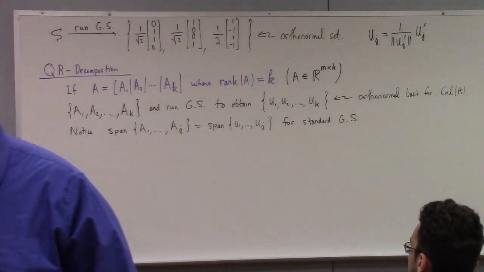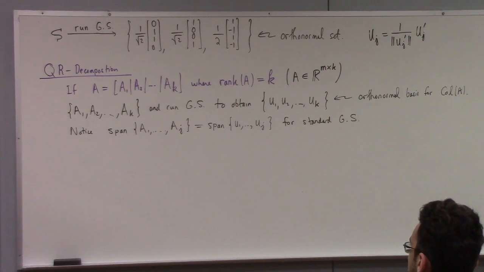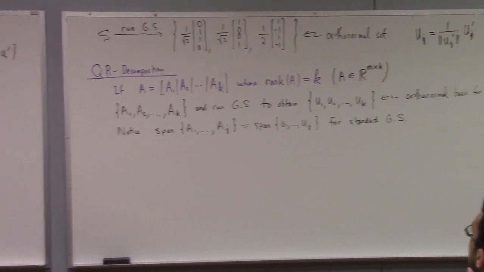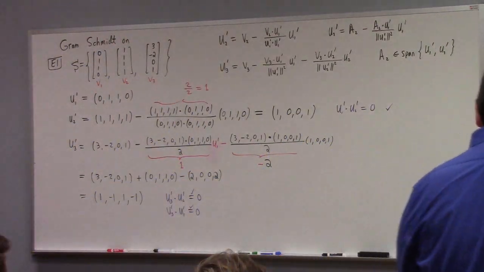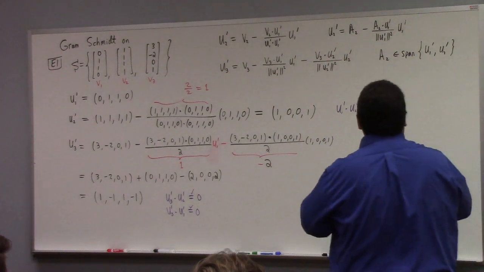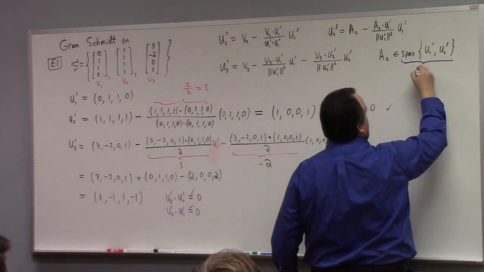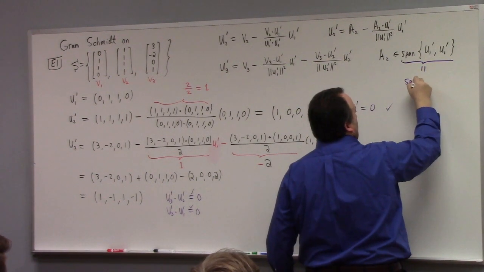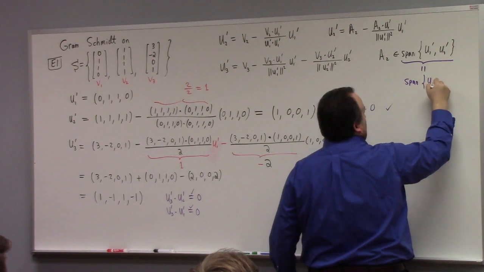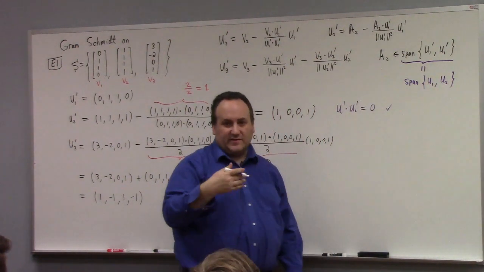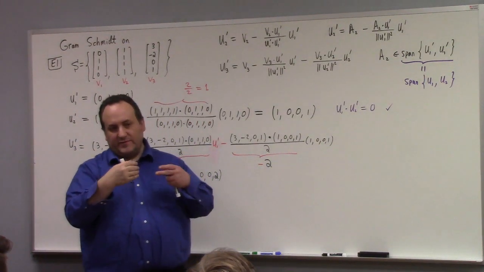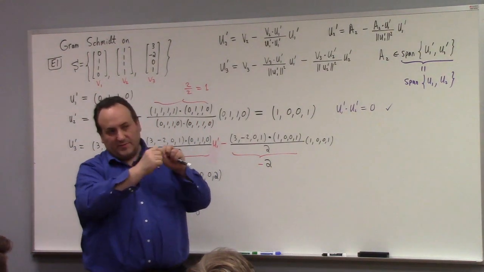And here's a question for you. If you take a spanning set and normalize, it's a simple thing to see that this is going to be straight up equal to the span of U1, U2 if we normalize those vectors. Normalizing the vectors doesn't change the span at all because it would just redefine the constants by a multiple.